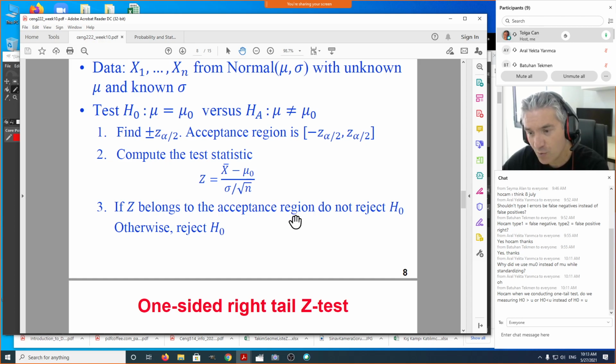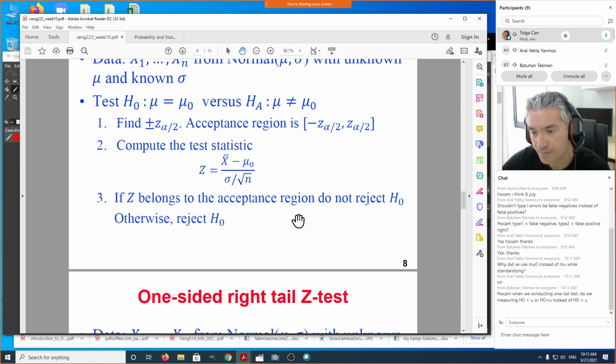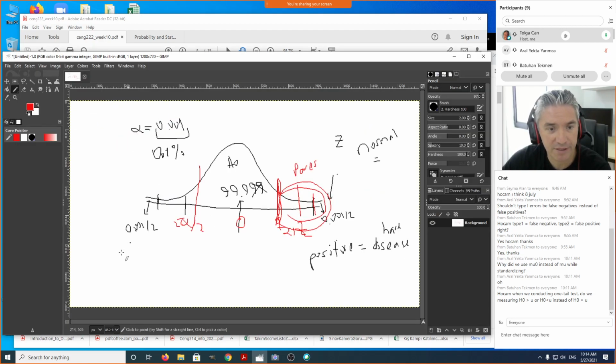And when we're conducting a one-tailed test, here the null hypothesis can never be greater than or equal to something. We cannot have, for example, in a one-tail test, mu is greater than 3. If I say mu is greater than 3, and I tell you to draw the distribution of H0, what distribution is it going to be?